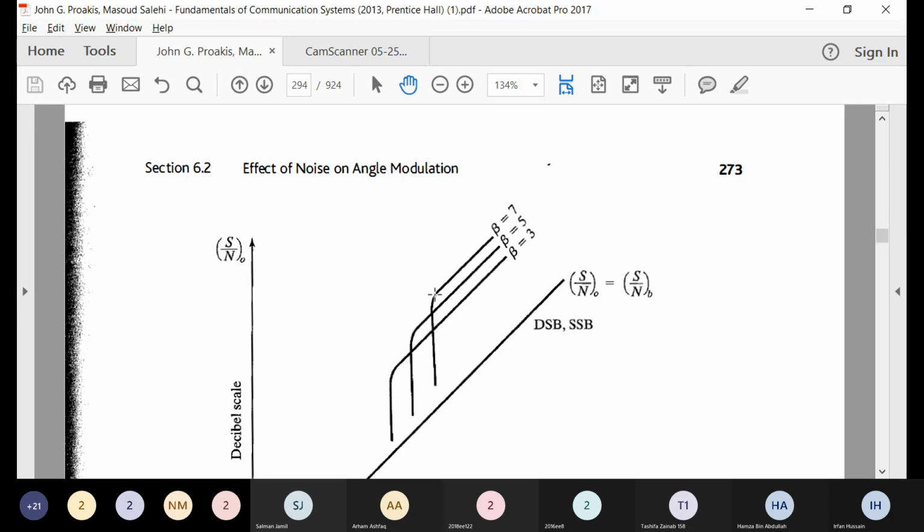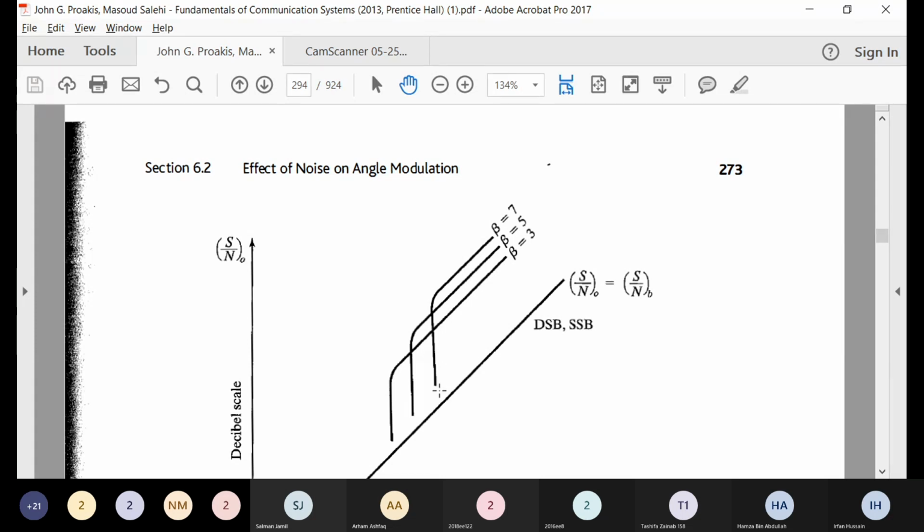But you could see here, at a certain point, there is a drop off or threshold effect. This is threshold, this is threshold, this is threshold. Because at these points, your signal to noise ratio has decreased as compared to the signal to noise ratio given by the threshold.